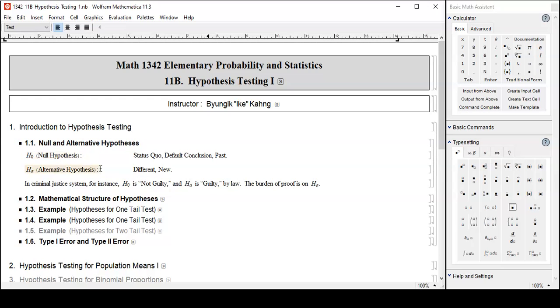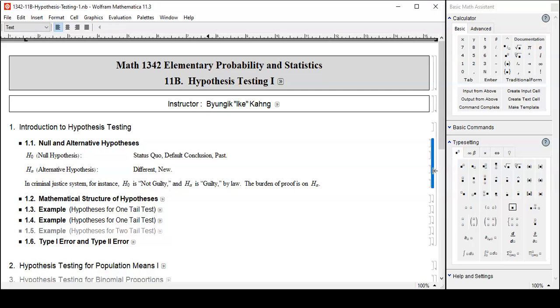Now, the alternative hypothesis is literally the other one: alternative, different, new, those kind of things. Here's an analogy. In the criminal justice system, for instance, H0 is not guilty and HA is guilty by law. What's the precise phrase?